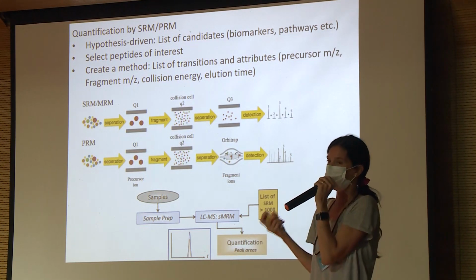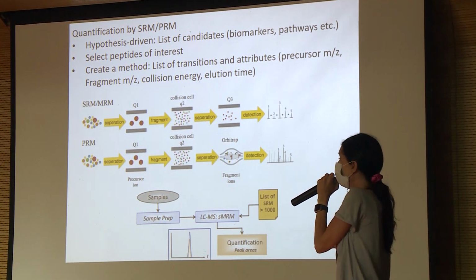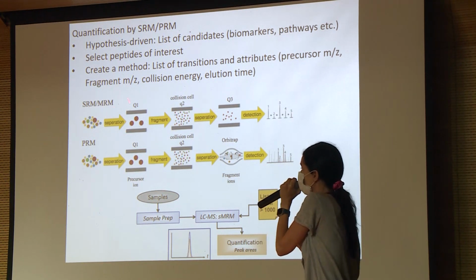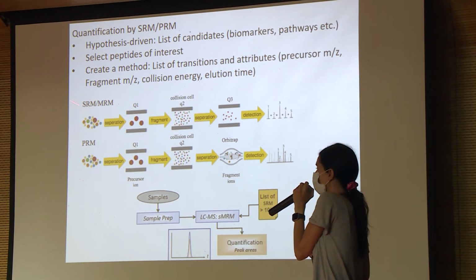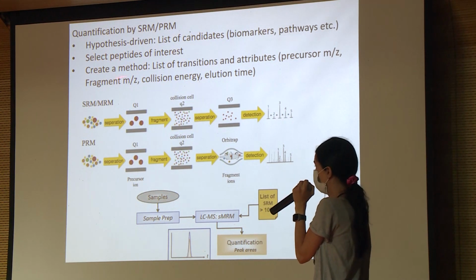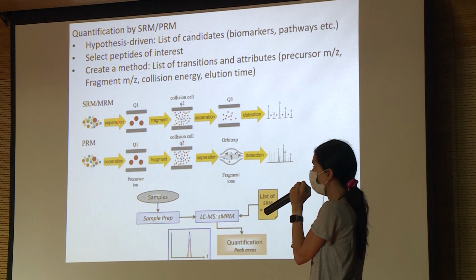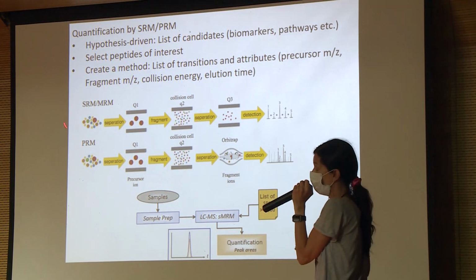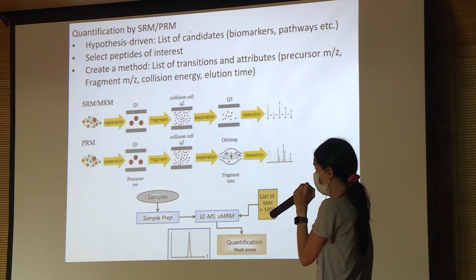And then basically, depending on what instrument you have, you can do this SRM or MRM, it's also called multiple reaction monitoring, where what you will do is, this is a triple quadrupole. So basically, you have all your ions, you use the first quadrupole to select your parent ion, your peptide of interest.